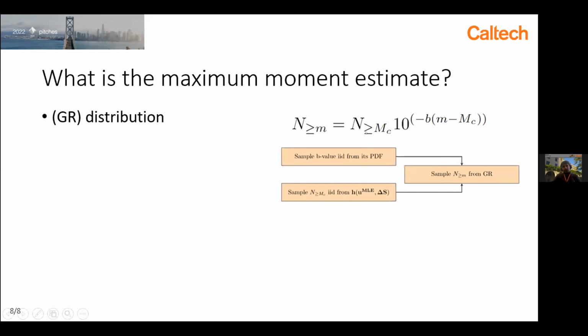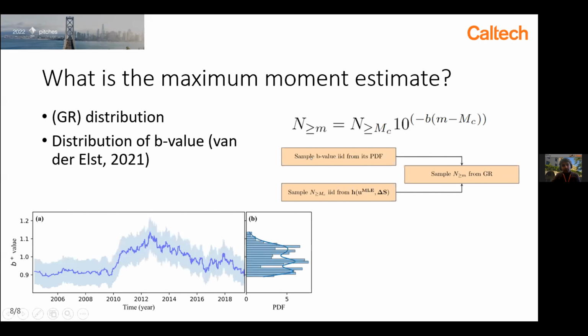Given our maximum likelihood estimate, we can find a total rate of the events. And given the rate of the events, we can randomly sample from that to get the number of events. And then we can also sample from the B value distribution. Here you can see we have the B value, and we can construct a distribution for it, and we can sample from it.